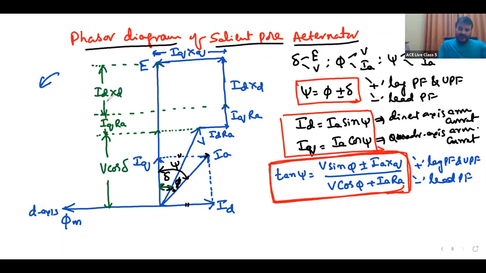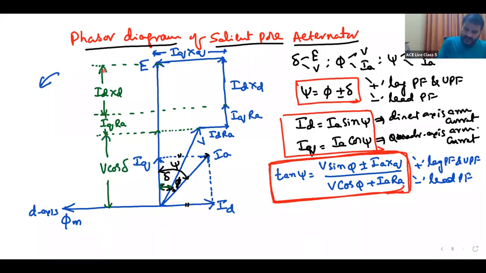Now I am dividing E into different components: V cos delta plus IQ RA plus IDXD. Correct? This total E is equal to V cos delta plus IQ RA plus IDXD.